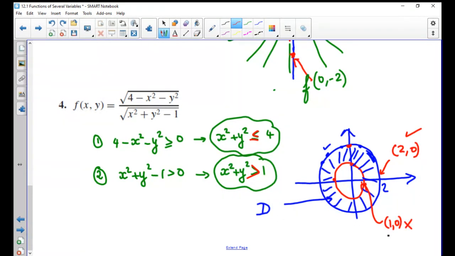No. Why not? Yeah, because if you substitute, the denominator will be 0. So therefore, the domain is between these two circles. Include the circle of radius 2, but not including the circle of radius 1.